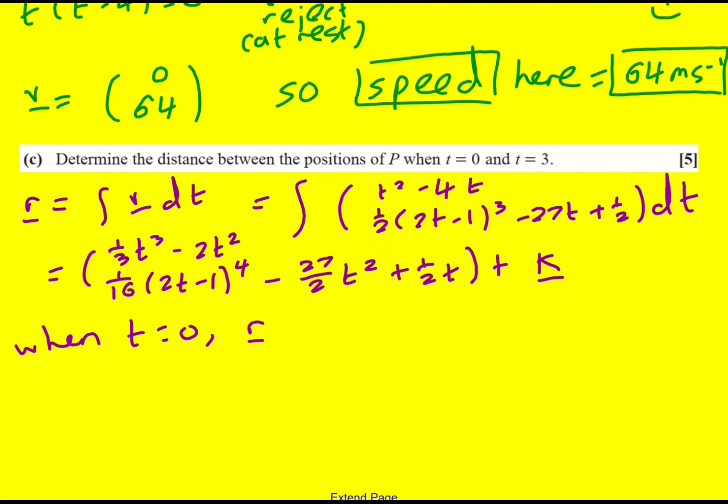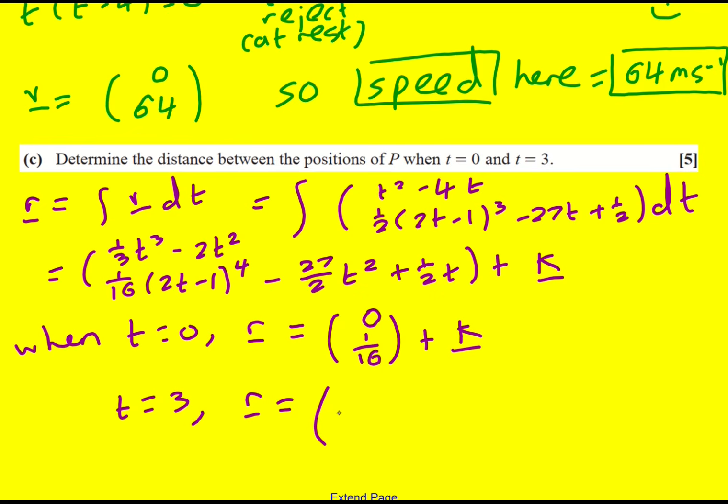Okay, let's look at what happens when time is 0. r is going to equal 0. And then over here, I'm going to get 1 to the power of 4, which is just 1, times 1 over 16. So I'm going to get 1 over 16 plus this k. t is equal to 3.